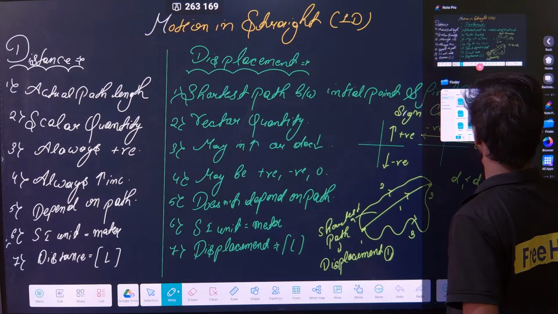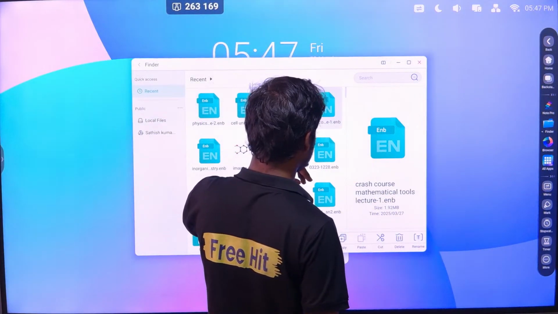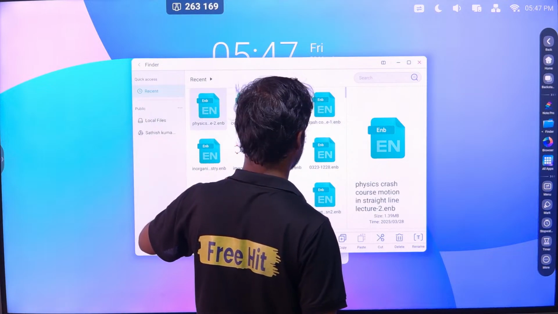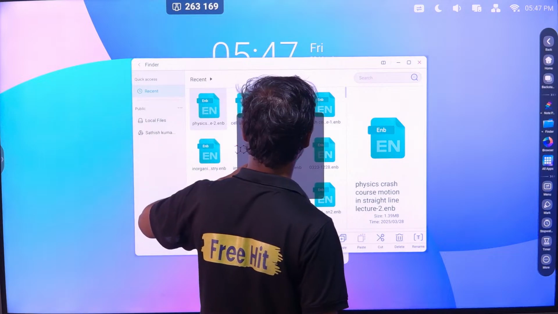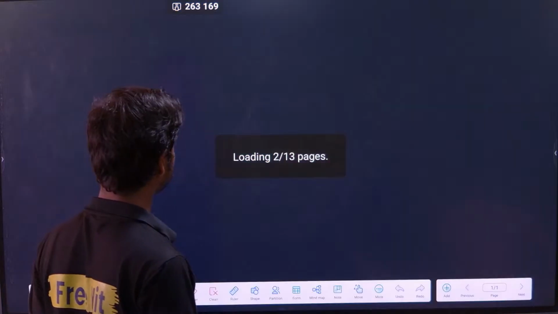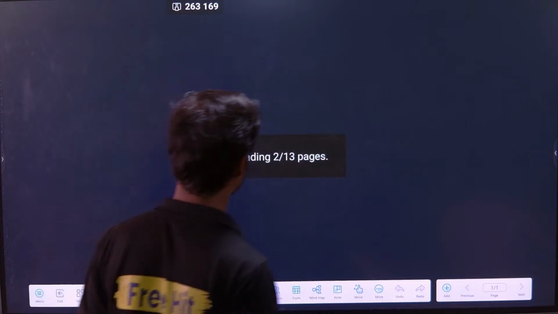What is the problem? Mathematical tool, straight line in motion. Okay, so it is open. Just wait for a minute.